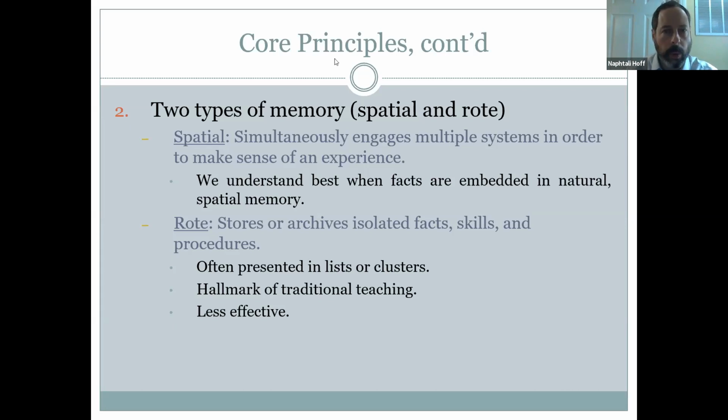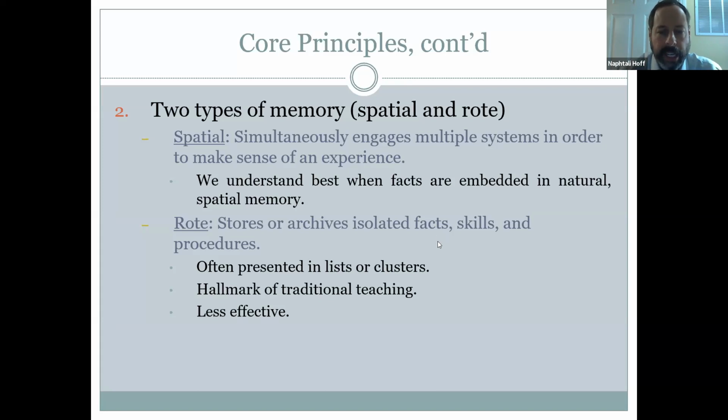Unfortunately, so often what we wind up doing is the rote piece, which is we'll give students lists, like for example, vocabulary words. And we will just give them 40-some odd presidents of the United States, for example. Remember this, all the capitals of the different states, or anything that is information just on its own, that is typically less effective.